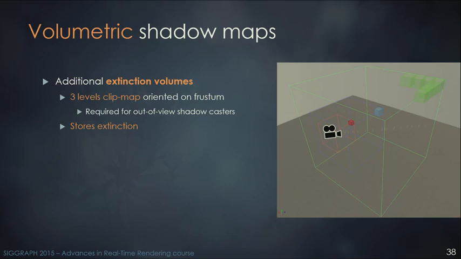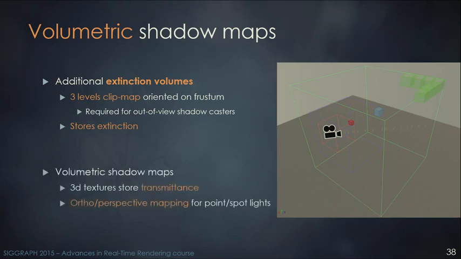So you can't do it in clip space, that won't be enough. And then from this volume, we can generate volumetric shadow maps. For now, today, they are just 3D textures storing transmittance. And transmittance is simply evaluated by raymarching the extinction volumes. And these volume textures are mapped onto the light shape. So if it's a spotlight, it would be a frustum perspective projection.